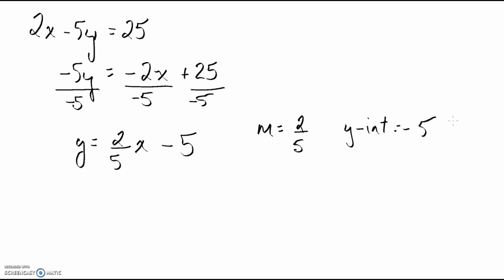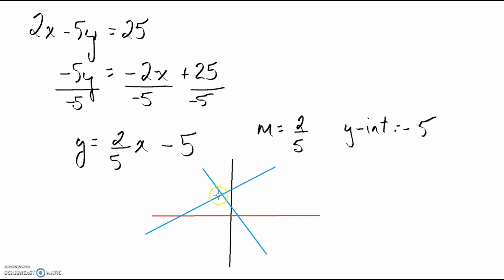All right, that is really all I need to say about graphing linear equations. If you are going to solve a system of linear equations graphically, we would plot both lines and see where they cross, okay?